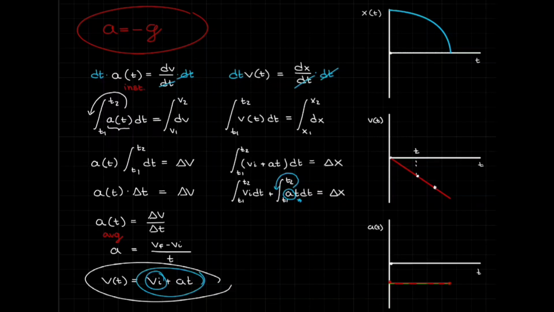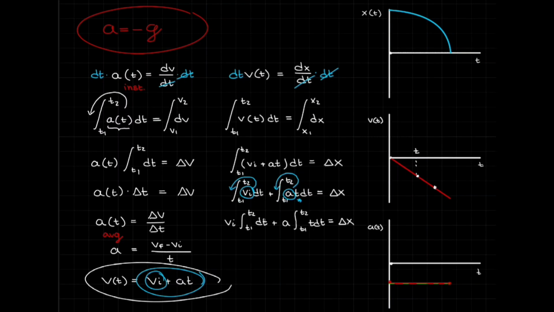It's assumed that you already know it. So because of that, we can actually pull this out as well. So here's what we have. We have Vi, the integral from t1 to t2 of dt, plus a, the integral from t1 to t2 of t dt is equal to delta x, like so.